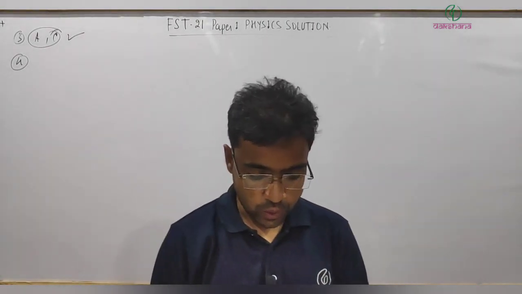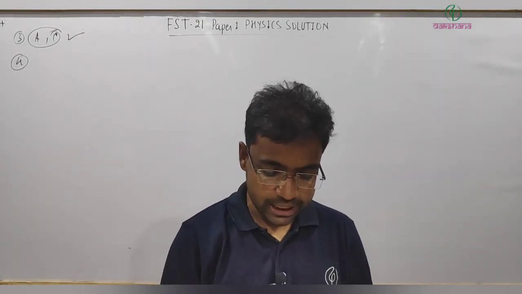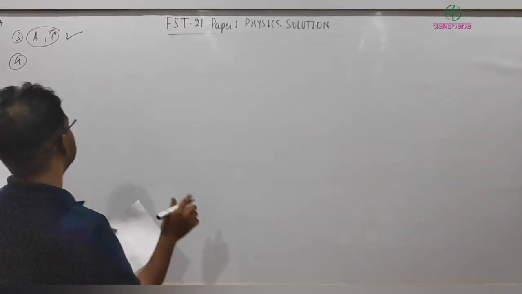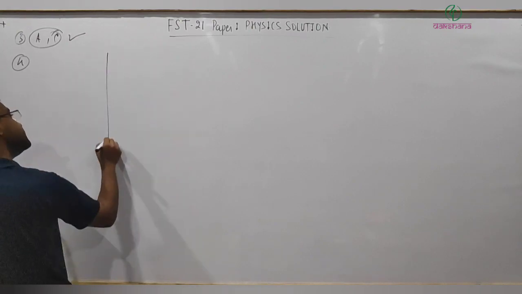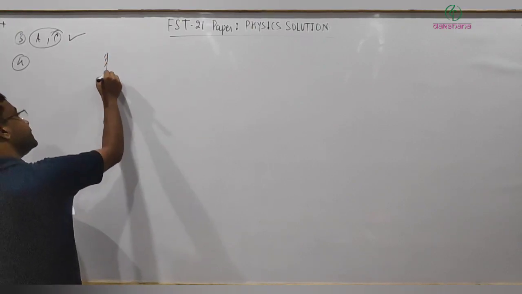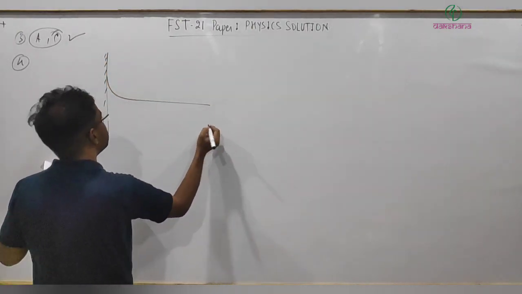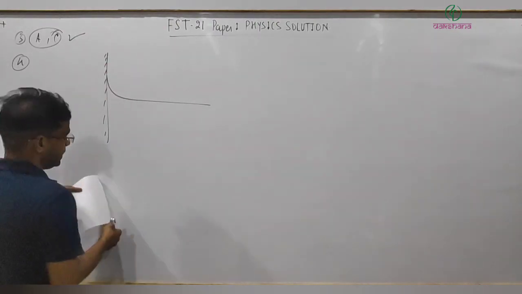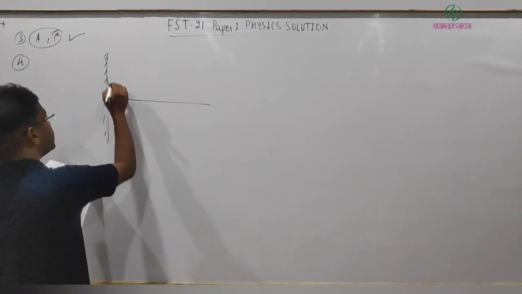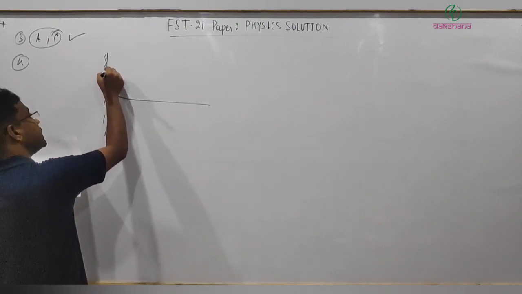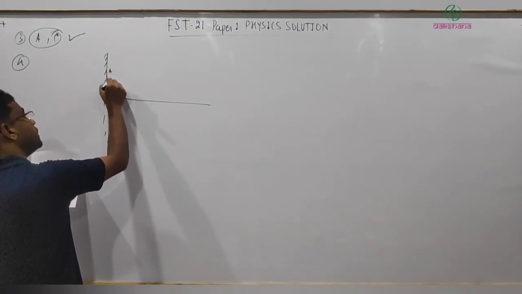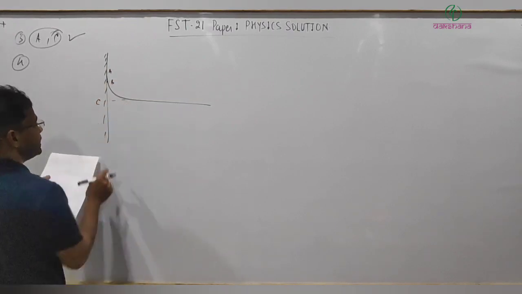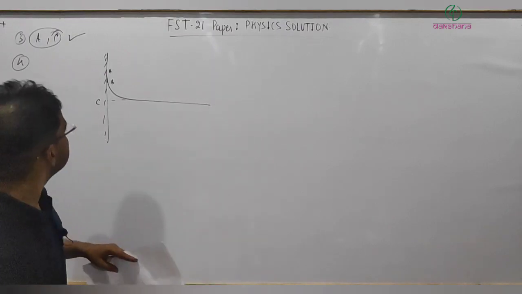Water of density rho in a clean square aquarium forms a meniscus on the vertical wall as shown. You need to understand that this is the wall, and the water is filled like this, and here it forms almost a 0 degree angle. This is the situation, and here is a point, mentioned as A and B somewhere here. It's not given here, but hopefully it should be provided to you.